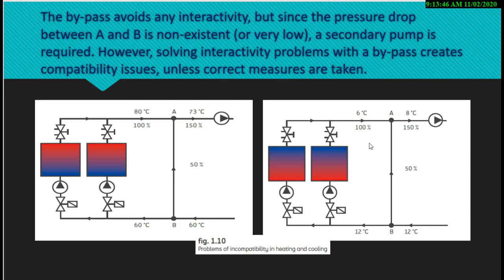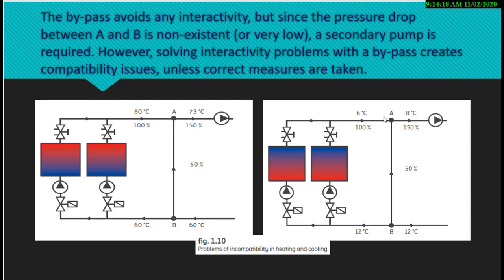The production units provide only 100% of flow. The difference of 50% has to go through the bypass from B to A, creating an uncontrolled mixing point between supply water and return water in A, making it impossible to reach the correct delivery temperature.